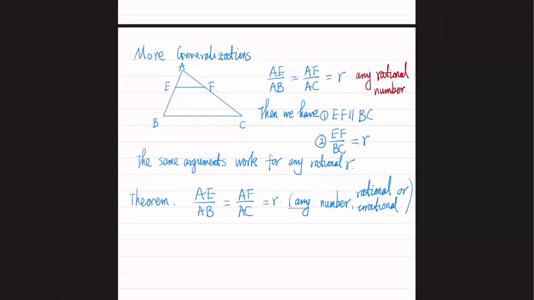As long as they have the same ratio, then this line must be parallel. Moreover, the two sides have the same ratio as what we have in the condition.